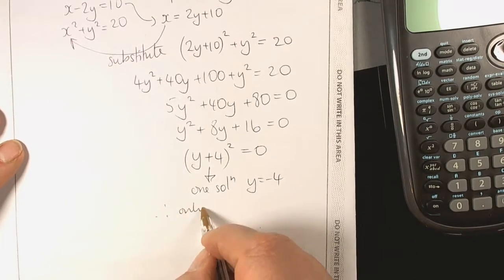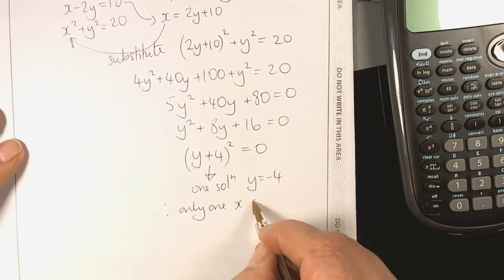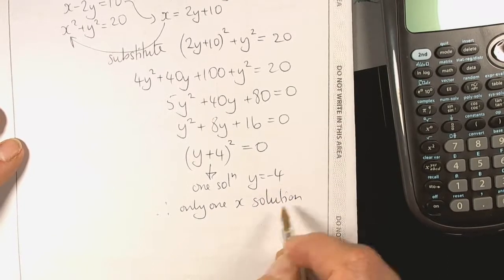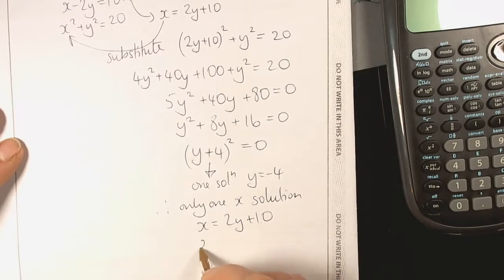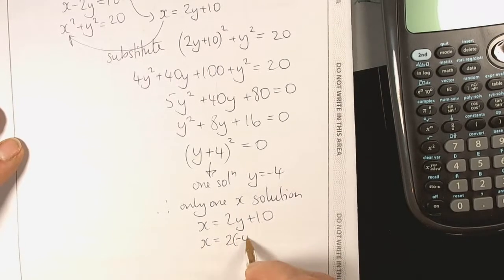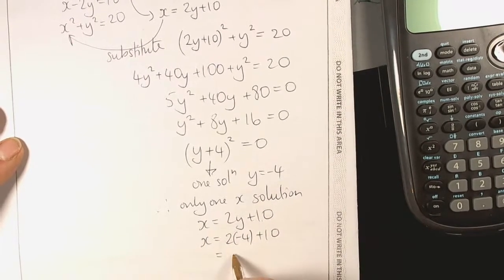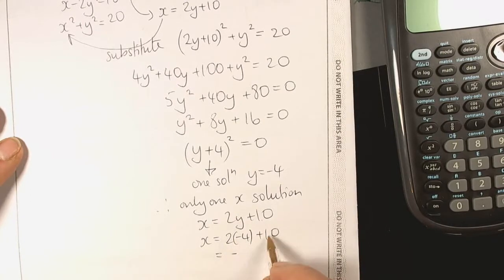Therefore, only one x solution, and that comes from x equals 2y plus 10. So x is equal to 2 lots of negative 4 plus 10, which equals negative 8 plus 10 is 2.